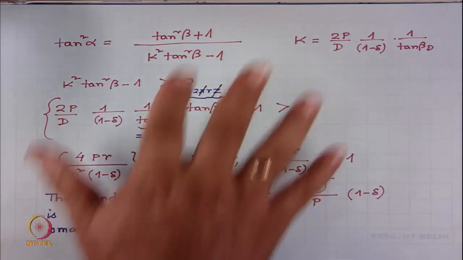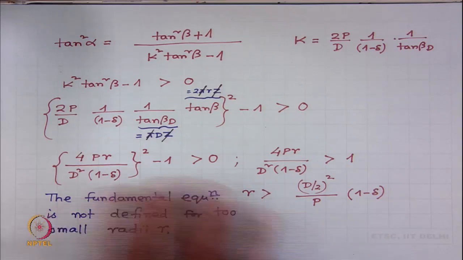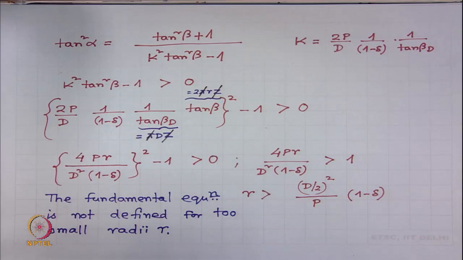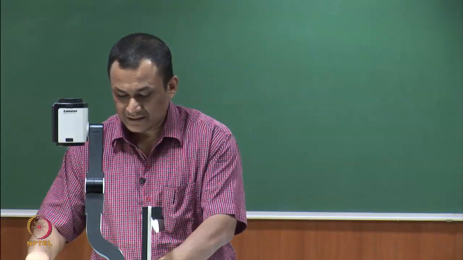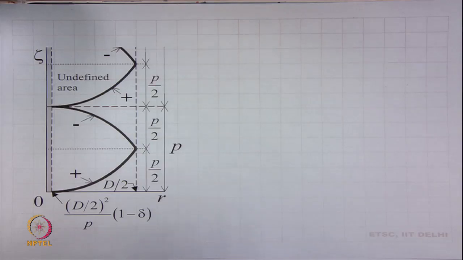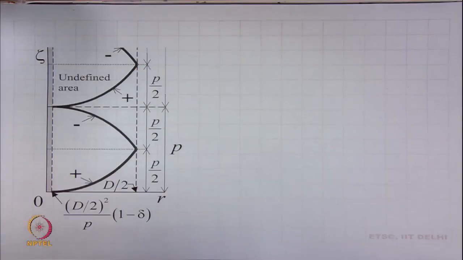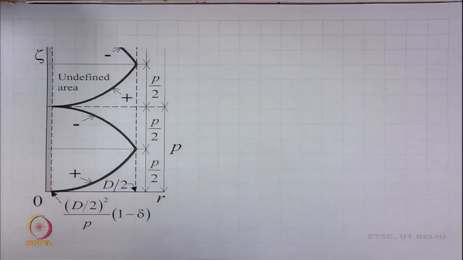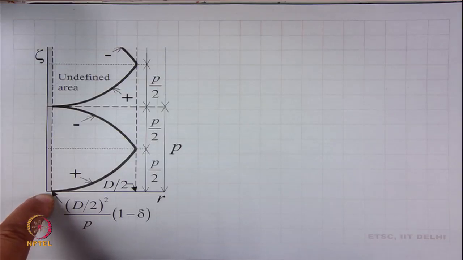So, there is some problem in this expression. What is the meaning of this? Something like this. This is the radius and this is the axial length of yarn, zeta. The fiber is not starting from 0 because r is greater than a small value.